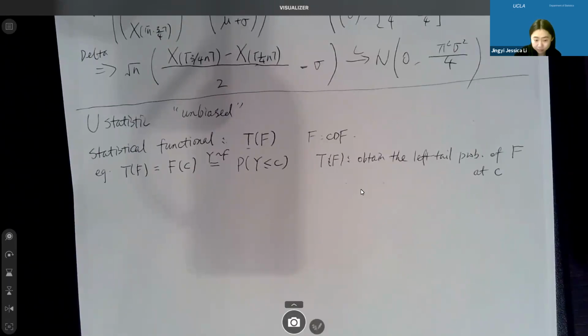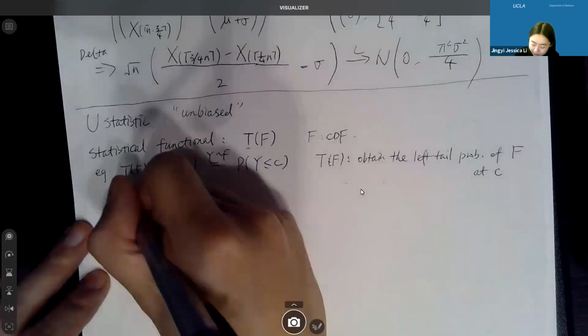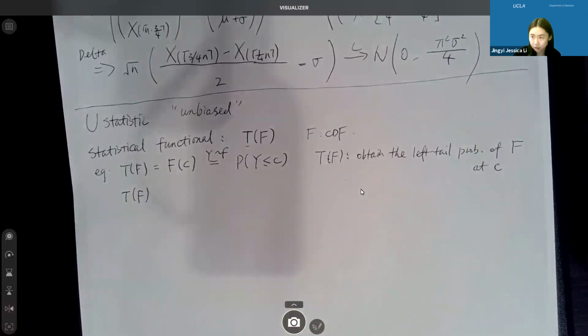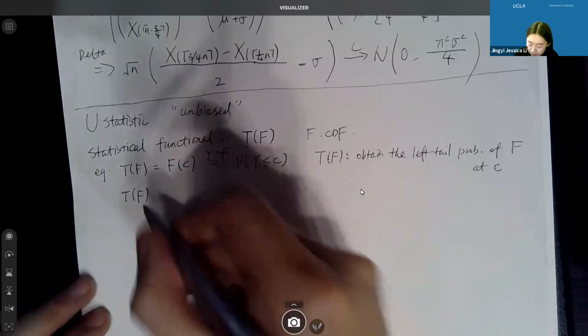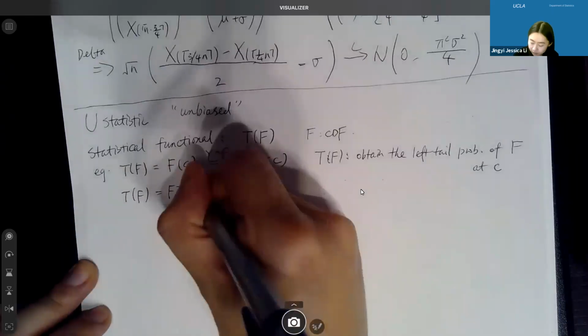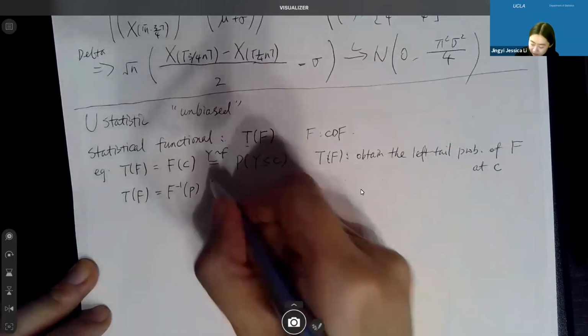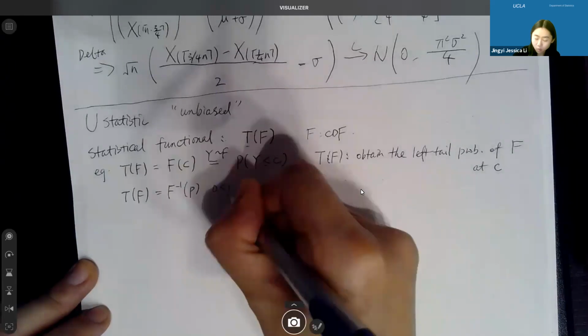That's the first example. In the second example, given F as a distribution and input into the functional T, it could output the population quantile for this F. So it could give me F inverse of p, where p is greater than 0 and less than 1.